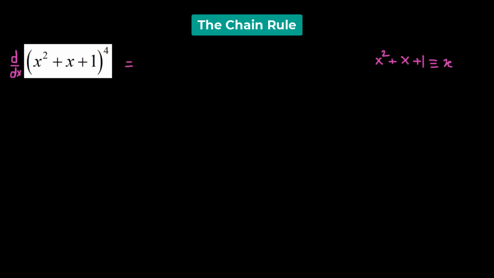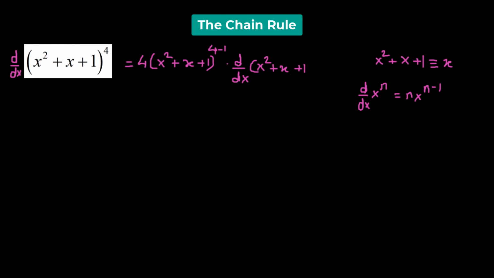The power rule says d over dx of x raised to the power of n gives us n x raised to the power of n minus 1. So here n is 4. So we have 4 times x squared plus x plus 1 raised to the power of 4 minus 1, multiplied by the derivative of the assumption, x squared plus x plus 1.